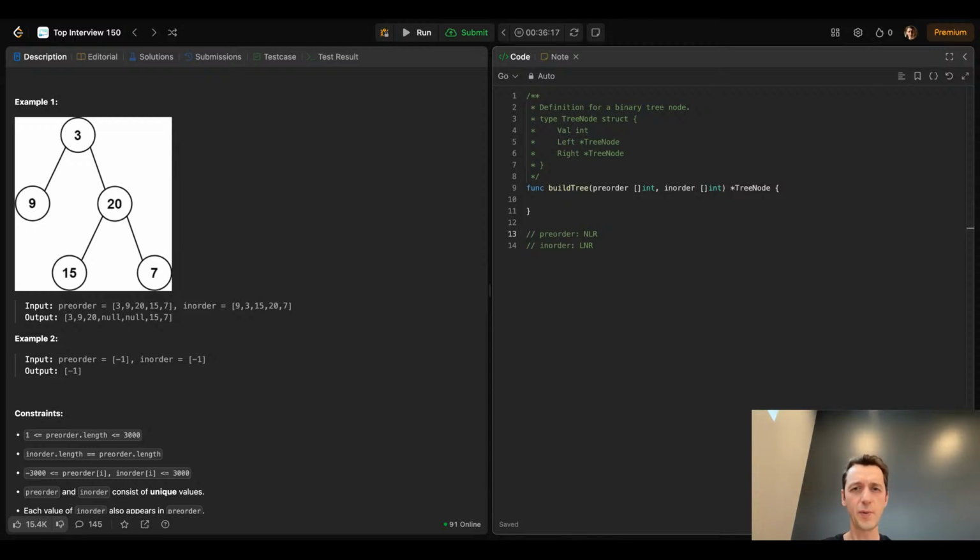If we Google preorder traversal, it's node, left, right. Yeah, they call it node.